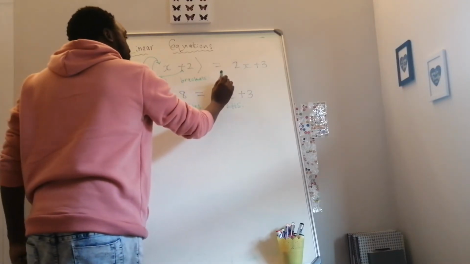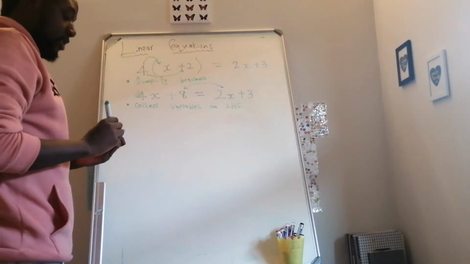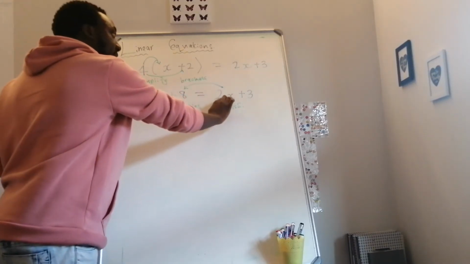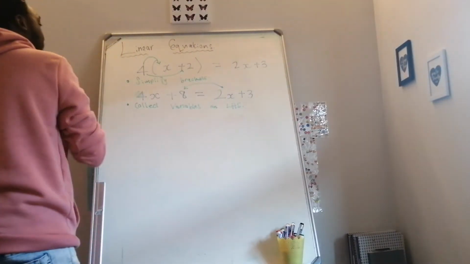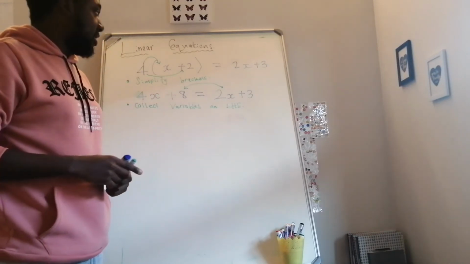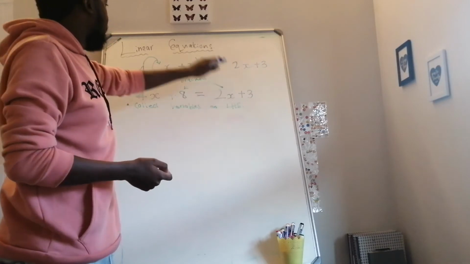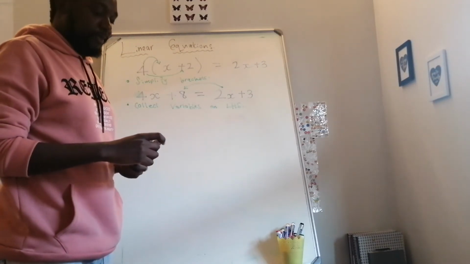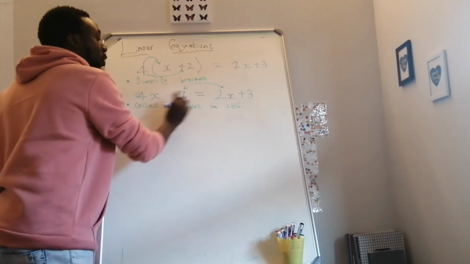So you take this 2x, you bring it to the left hand side. Once the 2x leaves the right hand side and goes to the left hand side, what happens to it? Pause the video if you must and think about it. What happens if I take a 2x there and I bring it to the other side? It becomes a negative.